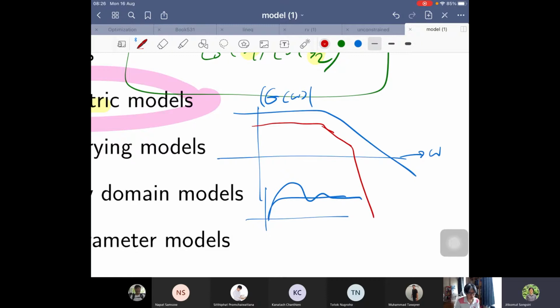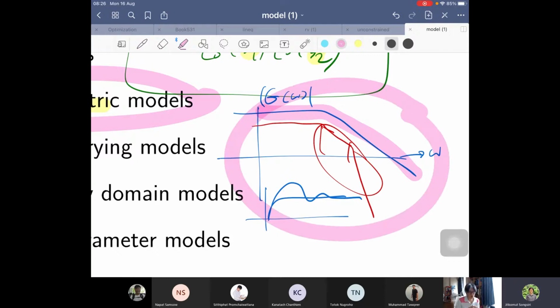The red one seems to be second order because the gain is decreasing at two corner frequency points, while the blue one seems to be a first order system. So we look at the model description, but that model description is non-parametric.